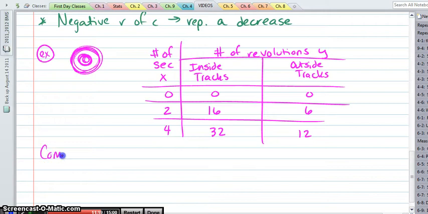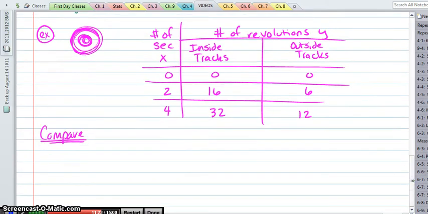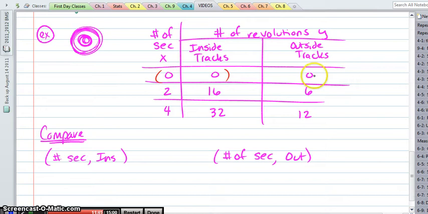Well, in order to compare the rates of change, we need to first look at the number of seconds versus the inside tracks. And then we're going to compare the number of seconds versus the outside tracks. So it's almost as if we have 2 tables in one. So this will be one ordered pair, but then I'm going to take this 0 and this 0 for my second ordered pair.